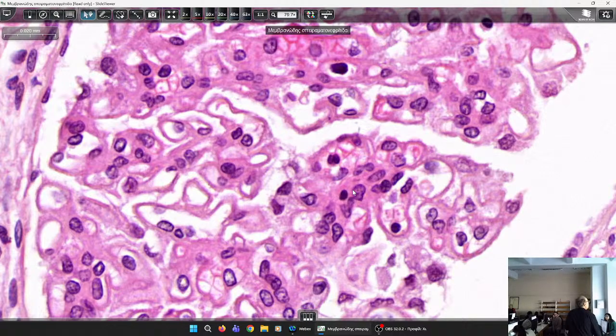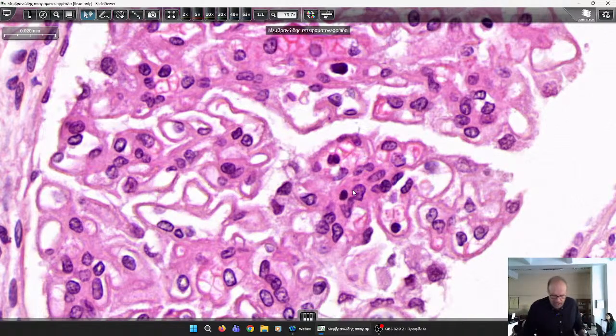However, we'll have the antinuclear antibodies, which will justify the diagnosis of lupus, and we will have a full house immunofluorescence positivity. That means deposition of IgA, C1q, C3, IgG, IgM, everything is deposited in lupus nephritis.